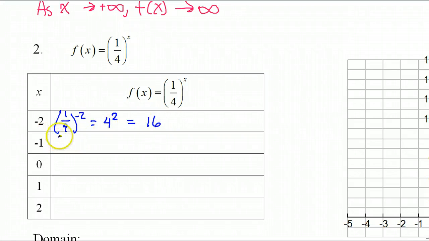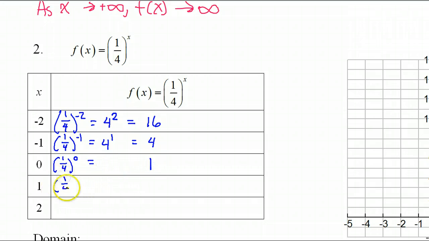Similarly, 1/4 to the negative 1 power is the same thing as 4 to the positive 1 power, or just 4. If I have 1/4 to the 0 power, anything to the 0 power is 1, so there you go.